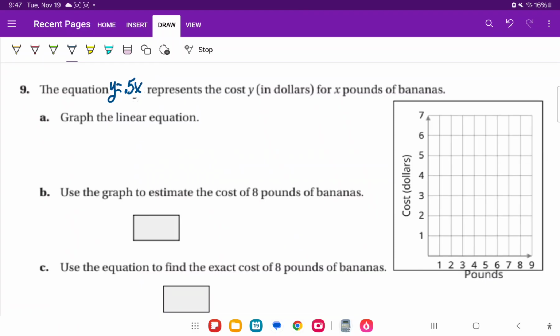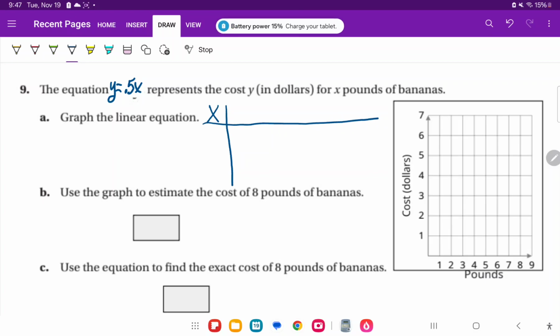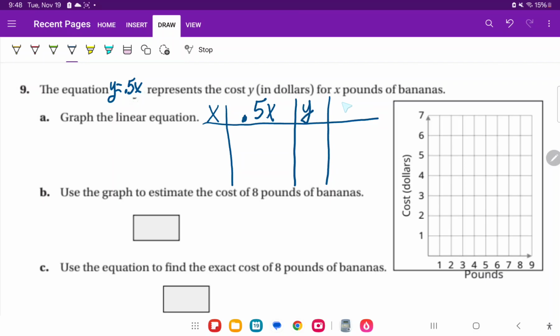Okay, so if we're going to graph this, we're going to make our table. All right, x is, and then we have our equation, 0.5x. That's going to give me my y column, and then I'll have my point column to graph from. All right, so I'm going to use 0, 1, and 2.